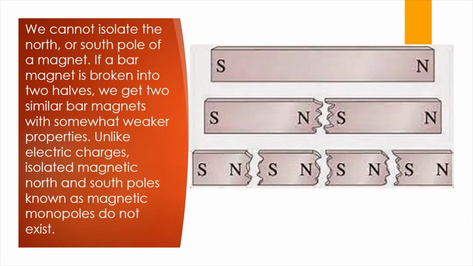If a bar magnet is broken into two pieces, we get two similar bar magnets with somewhat weaker properties. Obviously, if you divide the magnet into two pieces, the magnetic field strength will decrease. Unlike electric charge, isolated magnetic north and south poles, known as magnetic monopoles, do not exist, right? So we do not have magnetic monopoles.